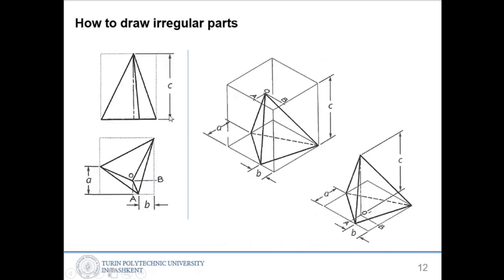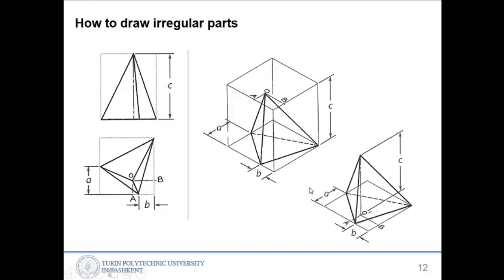The corners of this pyramid are not isometric lines, so there was a technique to make a box, then find the points by measuring from the corner of the box, the prism, and then connect those points to generate the shape in isometric projection.